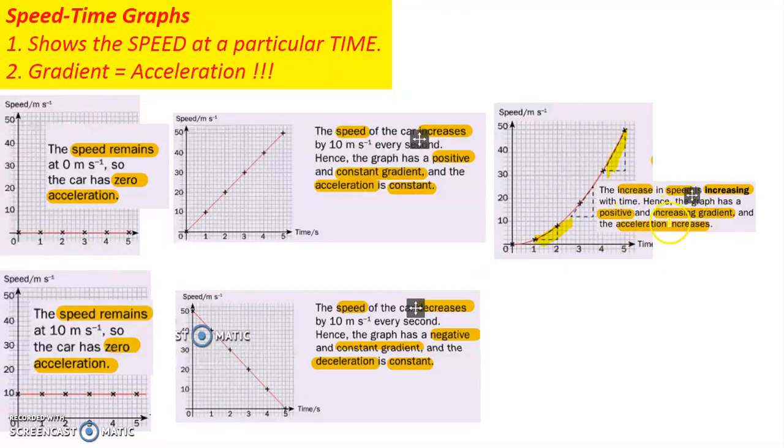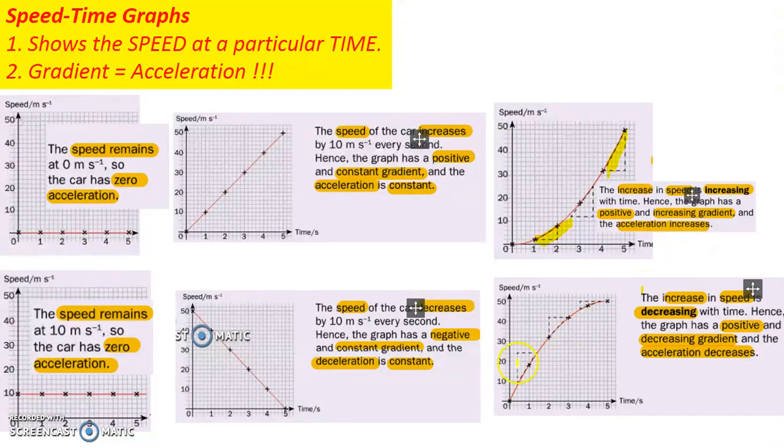It means my gradient is increasing, so using this relationship, that also means increasing acceleration. The last one: the gradient at the start is higher than the gradient at the end. It means I have a decreasing gradient, which again means decreasing acceleration.